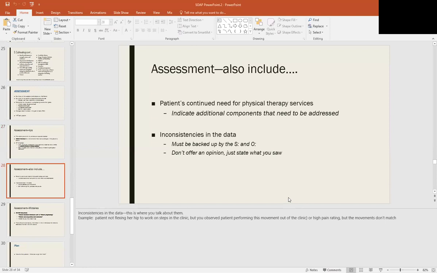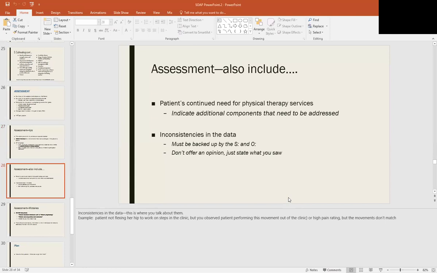Let's say you saw the patient get out of their car, which was very low to the ground. They had to pick their knee up out and over the threshold of the car, bend forward to get up and out, and then they walked into the clinic with no problem. As soon as you went to get them for treatment, they started walking more slowly and holding their back, demonstrating pain behaviors.